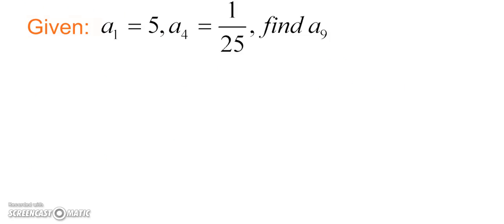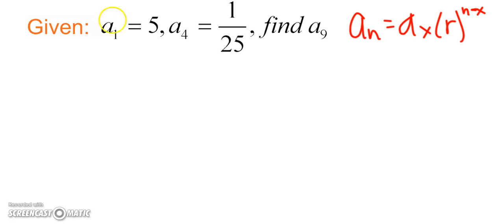Alright, next one. Find a sub 9 given this information. Well, we don't know a common ratio, and we don't know a previous term, because we don't have two terms that are next to each other. So we're going to have to use our formula and work backwards to get our common ratio, then reapply that formula to find the value of what we're looking for.